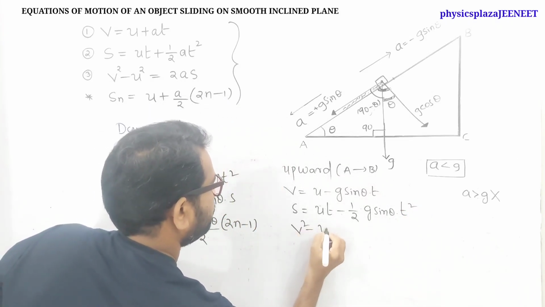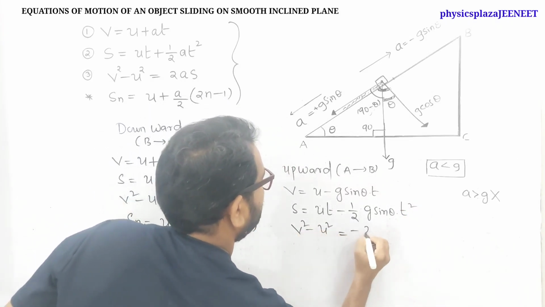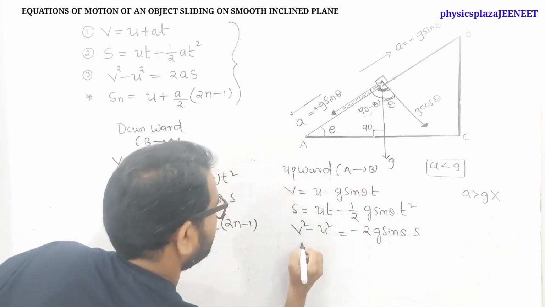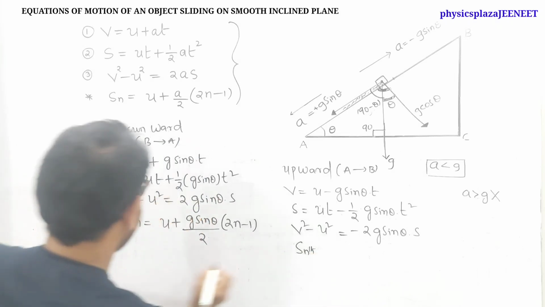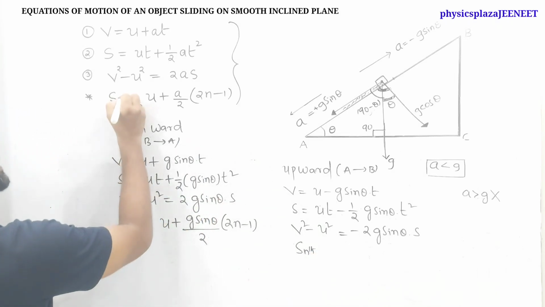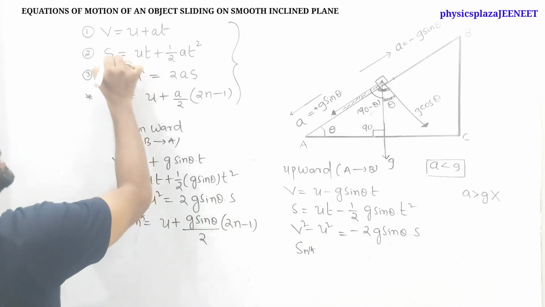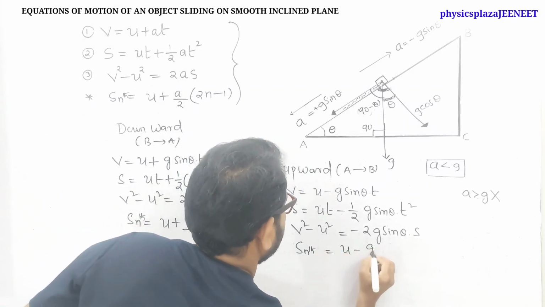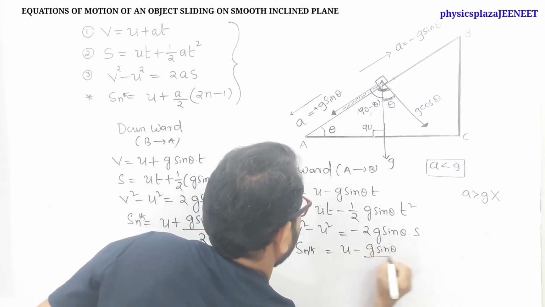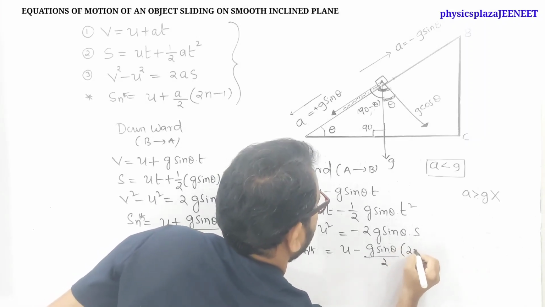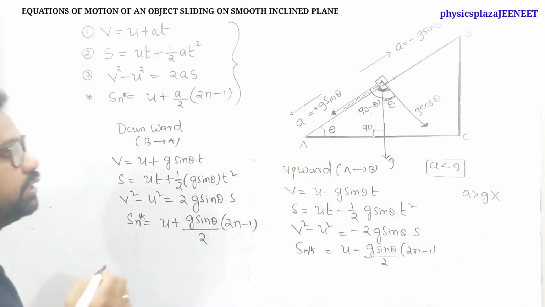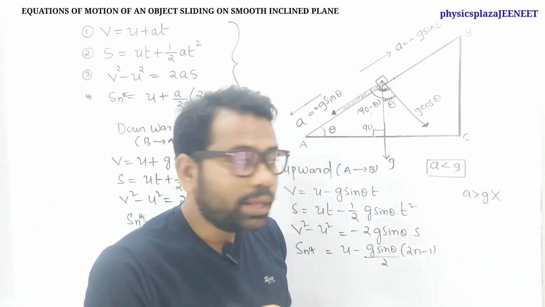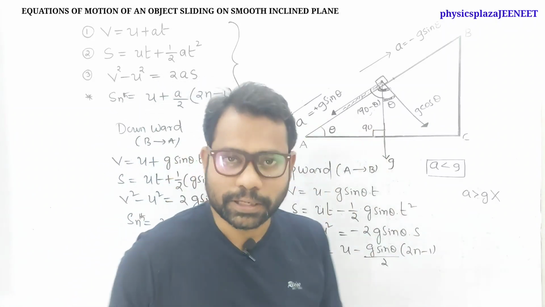V square minus U square is equal to minus 2G sin theta into S, and Snth, not Sn, sorry, this is Snth, is equal to U minus G sin theta by 2 into 2n minus 1. So children, these are the equations of motion for an object sliding on a smooth inclined surface.